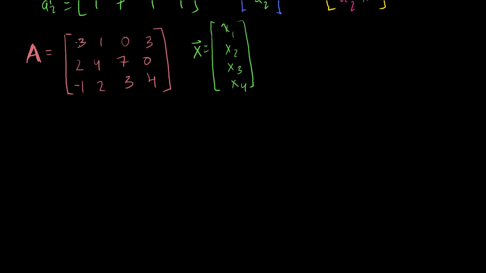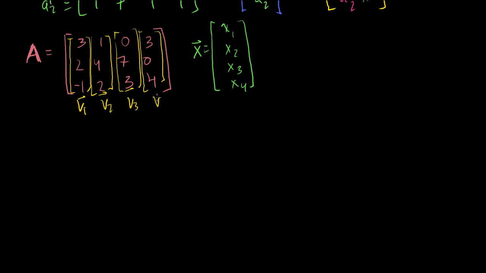Now, instead of viewing these as row vectors, we could view A as a set of column vectors. We could call this thing right here vector 1, this thing vector 2, this thing vector 3, and this thing vector 4.